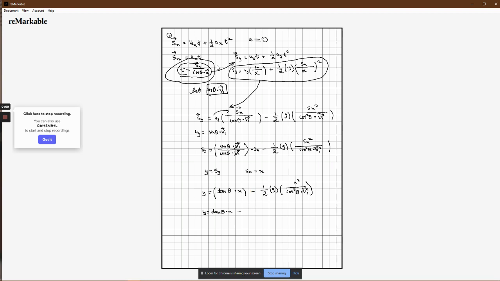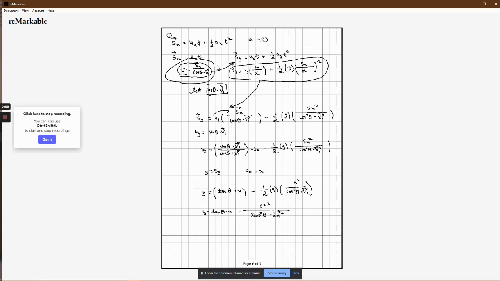Comment if you think I've done some mathematical error, please correct me. But, you know, it's a little bit of rearranging and then basic algebra rearrangements. Oh, let me just go back. And you've got 2 cos squared theta multiplied by 2 v1 squared, right?